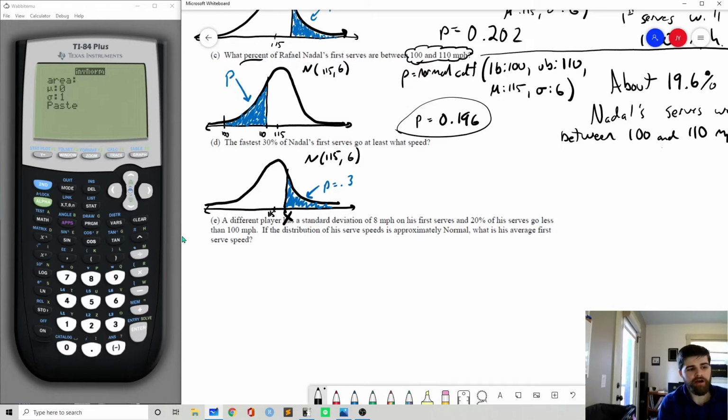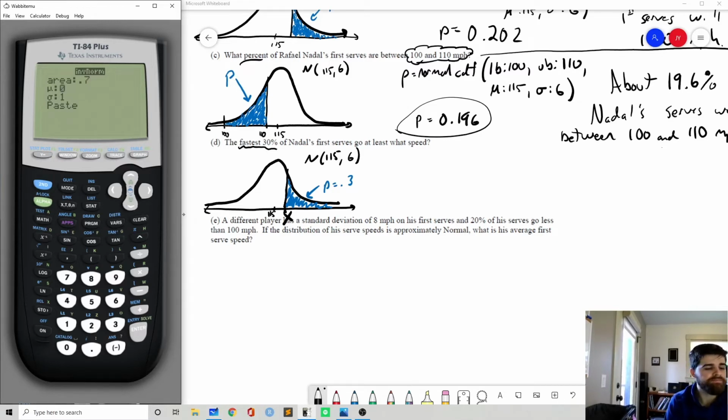So even though the problem presents the fastest 30%, we want to find what x value would be at the 70th percentile. By default, inverse norm looks at the left tail area. Some newer versions of the TI software allow you to select left or right tail, but the default is left.